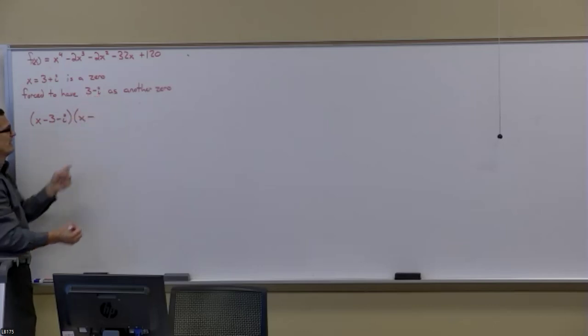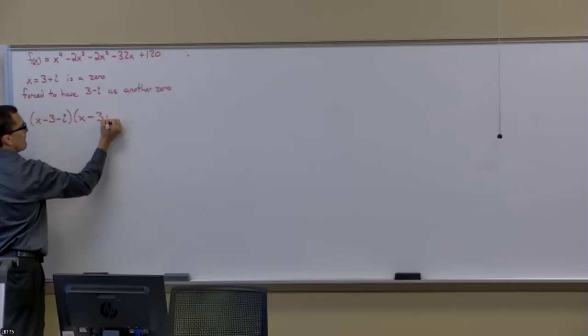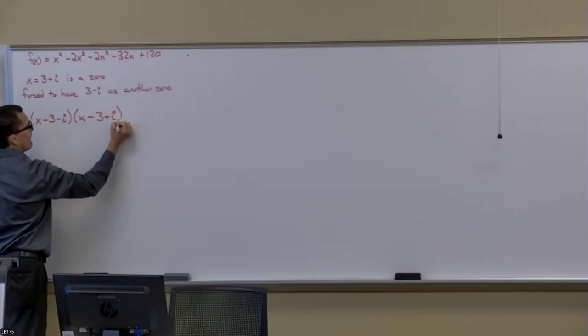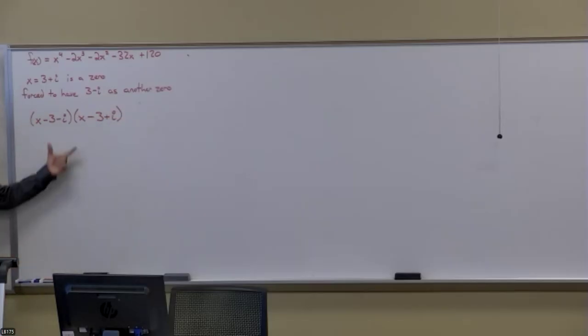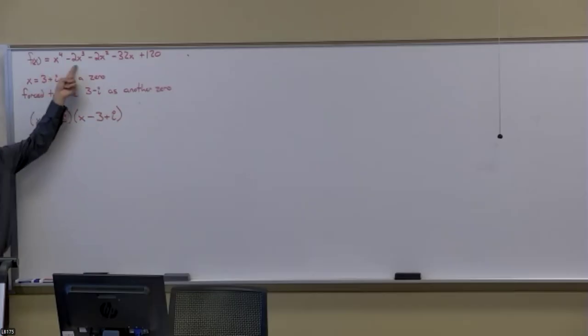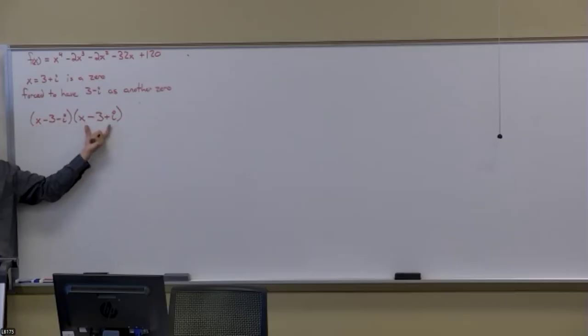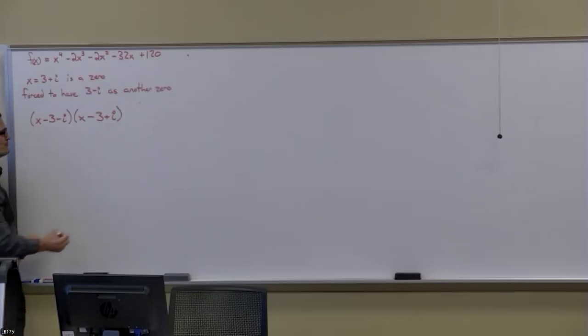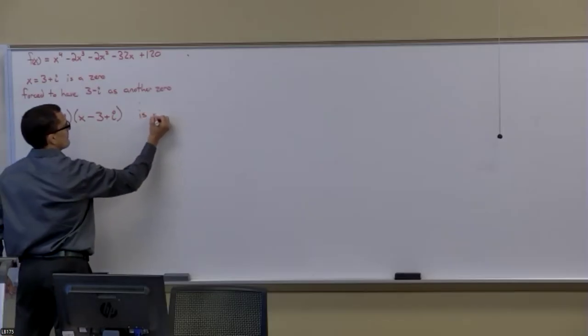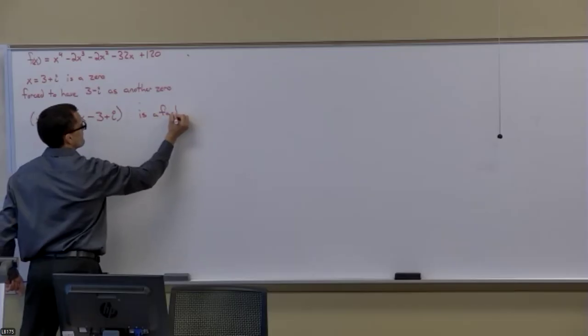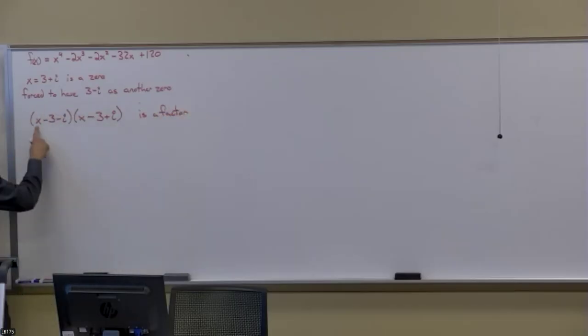I'll distribute that negative sign as well. So that means the product of these two things is going to be a factor of this. Since this is a factor, and this is a factor, the product is also going to be a factor. And let's multiply this out.